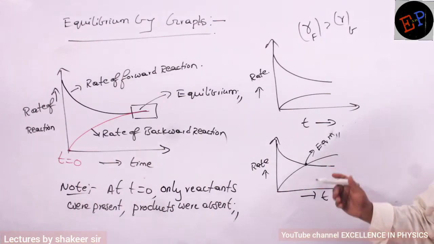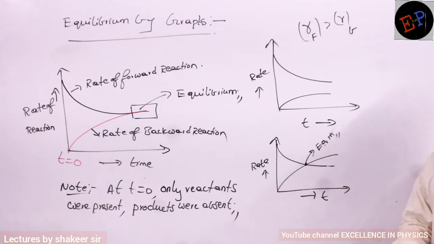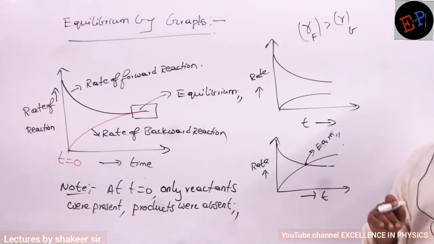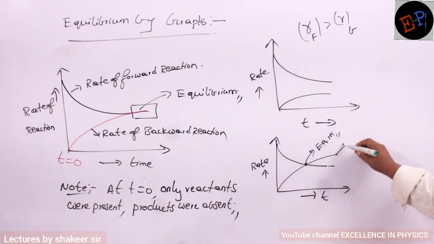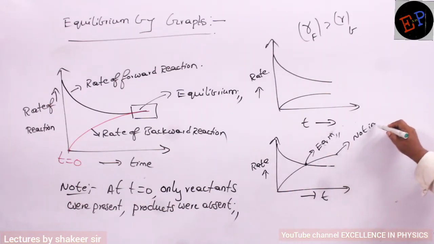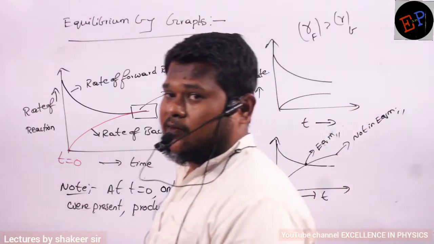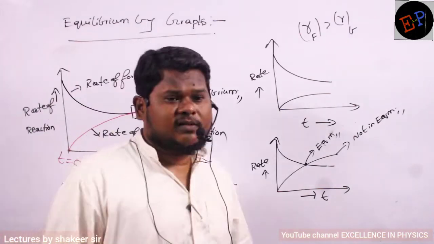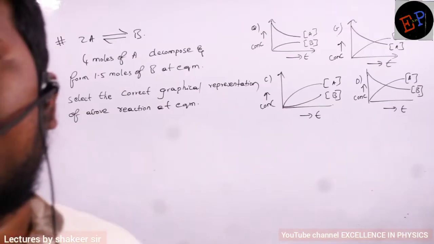But after that, the rate of forward reaction is lesser when compared to the rate of backward reaction. So after this, the reaction is not in equilibrium. Only at this position is it in equilibrium. So by looking at the graphs, we can understand where the reaction is in equilibrium and where it is not. Understood? Make a note.